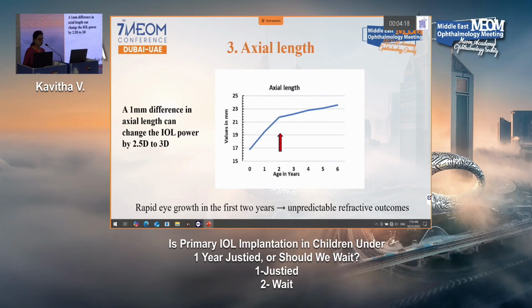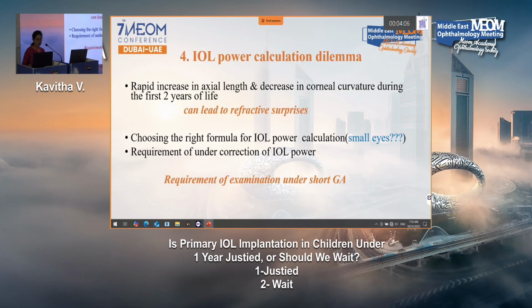The third factor is the axial length. There is again a drastic change in the first 2 years of life. A 1 millimeter difference in axial length can change the IOL power by 2.5 to 3 diopter. So the fourth factor: these two things determine the IOL power calculation, and hence what we are implanting is a big dilemma, because there is a rapid increase in axial length and decrease in corneal curvature during the first 2 years of life, and this can lead to refractive surprises.